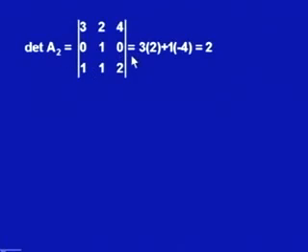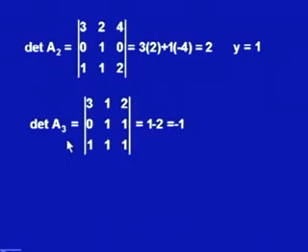If I evaluate this determinant about this particular row, then it is 3 into 2 minus 4, that gives me 2. So, 3 into 2 is 6 minus 4, that gives me 2, and that means y is equal to 1, because y is equal to determinant A2 divided by determinant A, which I have already computed as 2. So, it is 2 divided by 2, that comes out to be 1.